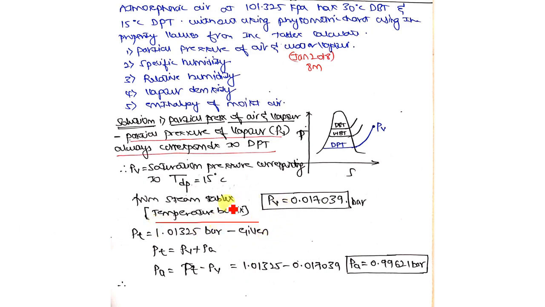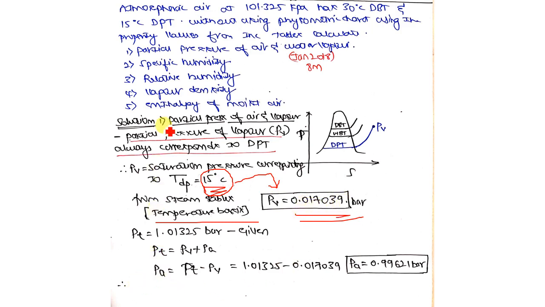If you go for steam tables, you will get the value from the temperature basis steam table at 15 degrees Celsius. The corresponding value of PV is the saturation pressure given beside it, which is 0.017039. Since you know the value of PT, which is given in the problem, you can calculate the value of PA, which is given by PT minus PV.